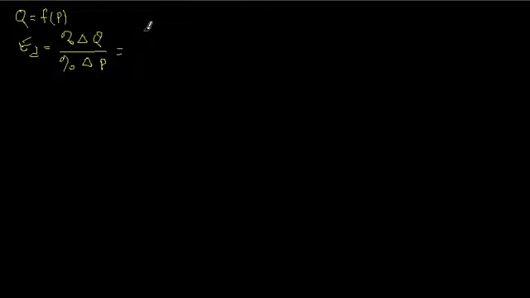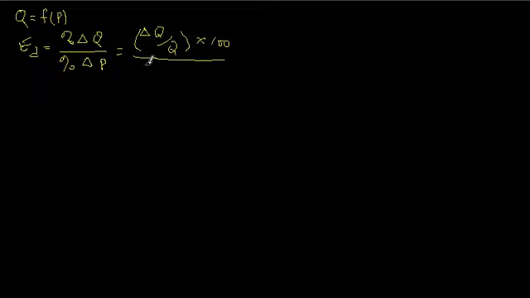In order to do that, you computed the change in quantity, divided it by some base quantity. In order to turn it into a percent, you had to multiply by 100.